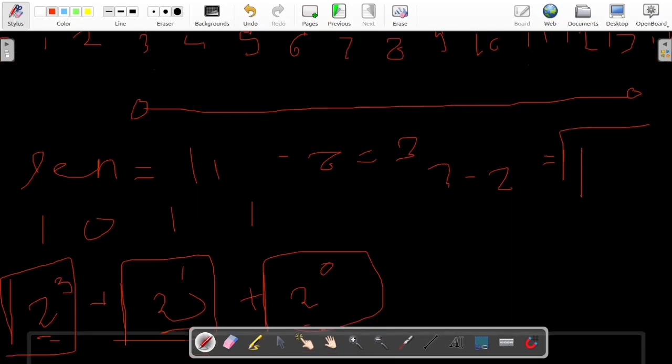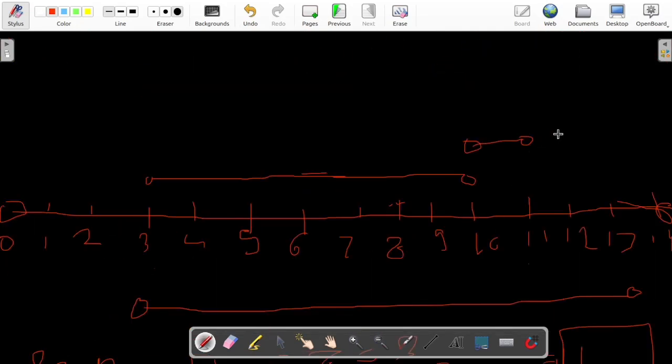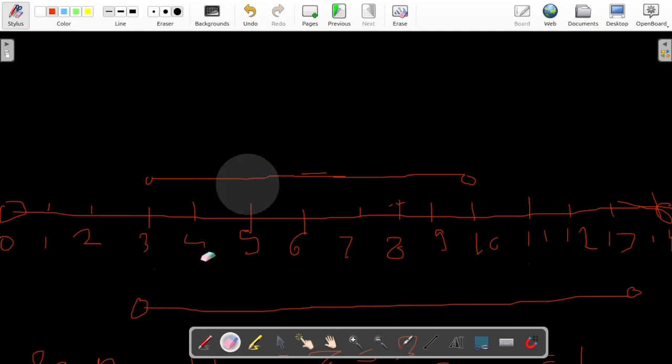And as you can see, we are left with only a segment of length 1. So we need to consider this segment also. Okay. I think there's something wrong from my side. It will be from 11 to 12 and there will be a length 1 segment.